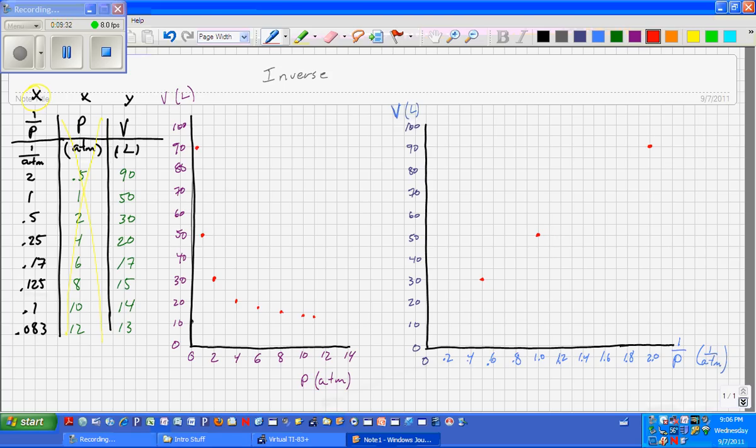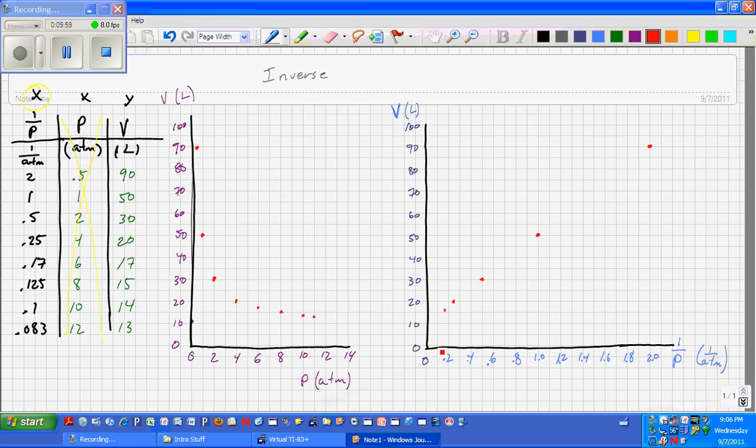If all goes well, this should be a straight line. 0.25 would be around here, and 20. And then 0.17 would be right around there, and 17, which is in this neighborhood here.